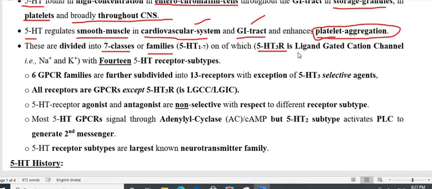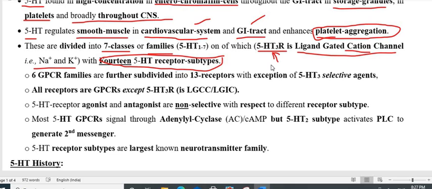The 5-HT3 receptor is a ligand gated cation channel, or you can say an ion channel, particularly for sodium and potassium ions. These 7 classes are subdivided into receptor subtypes, 14 in number, while the 5-HT3 receptor is not subdivided.